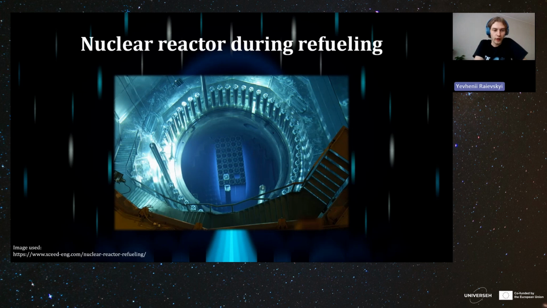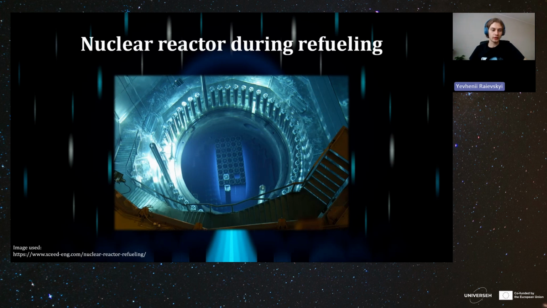The nuclear reactor looks like this, a top-down view. The photo was taken during the refueling process. Of course, this uranium dioxide is not eternal, and you have to refuel it sometimes.